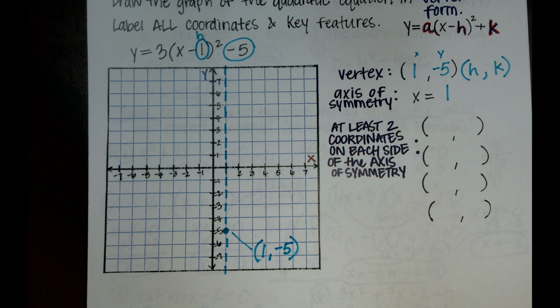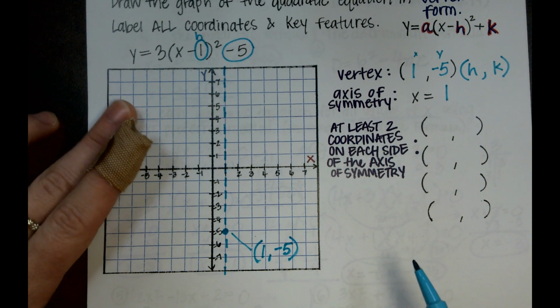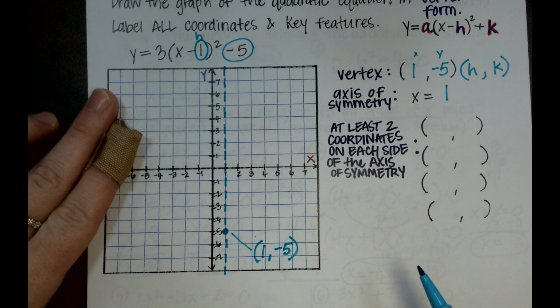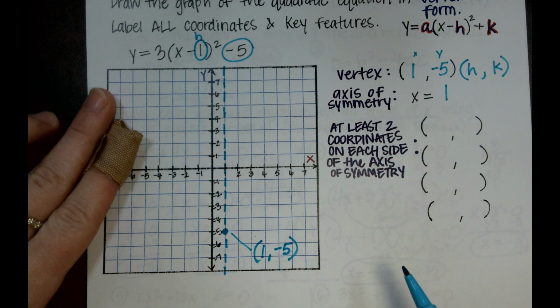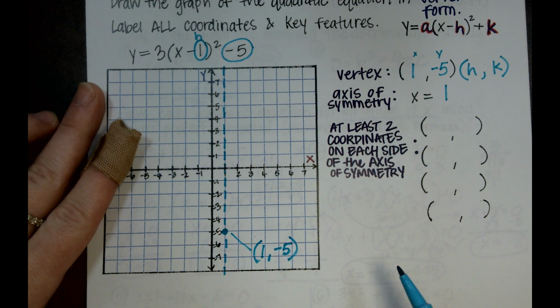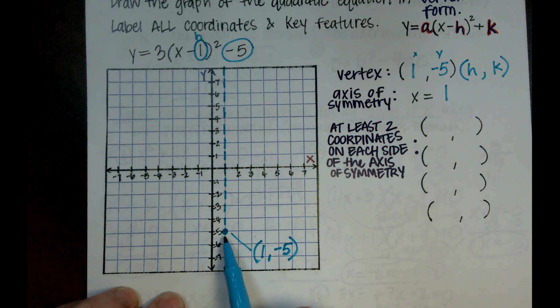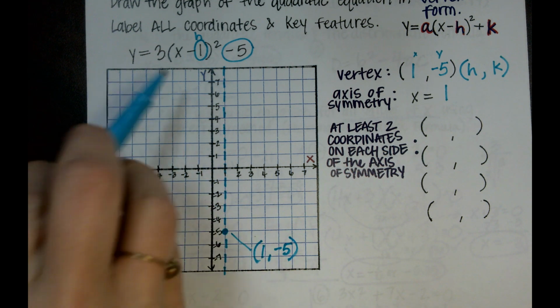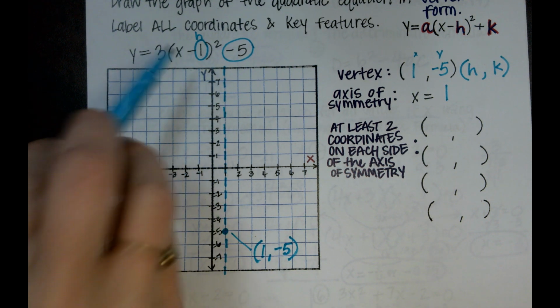All right. And guess what we're going to do to find the rest of our parabola? It's not as bad as it might seem. It's a lot like absolute value. What we're going to do is choose values for x.